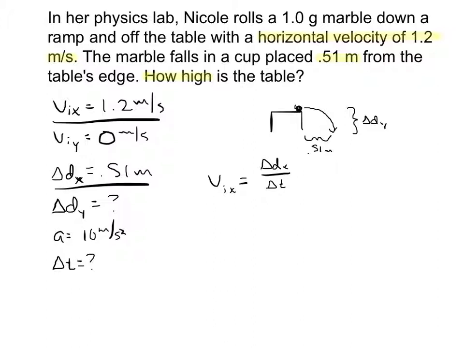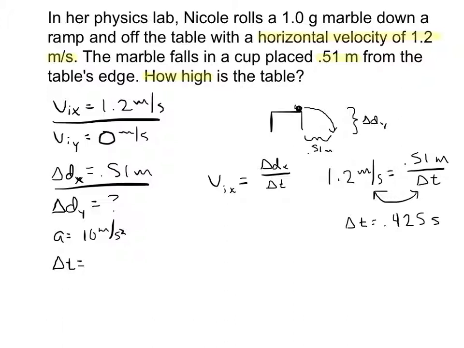So let's go ahead and plug some stuff in here. We've got 1.2 meters per second equals 0.51 meters over delta t. To solve this, remember we're going to flip these two, or multiply by delta t and divide by 1.2, and we should get delta t then equals 0.425 seconds.